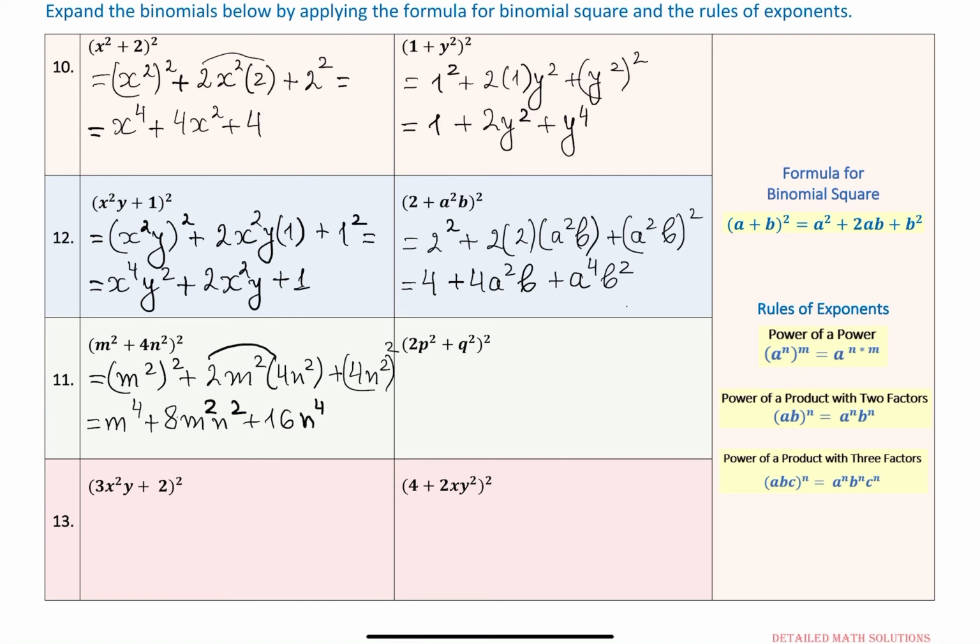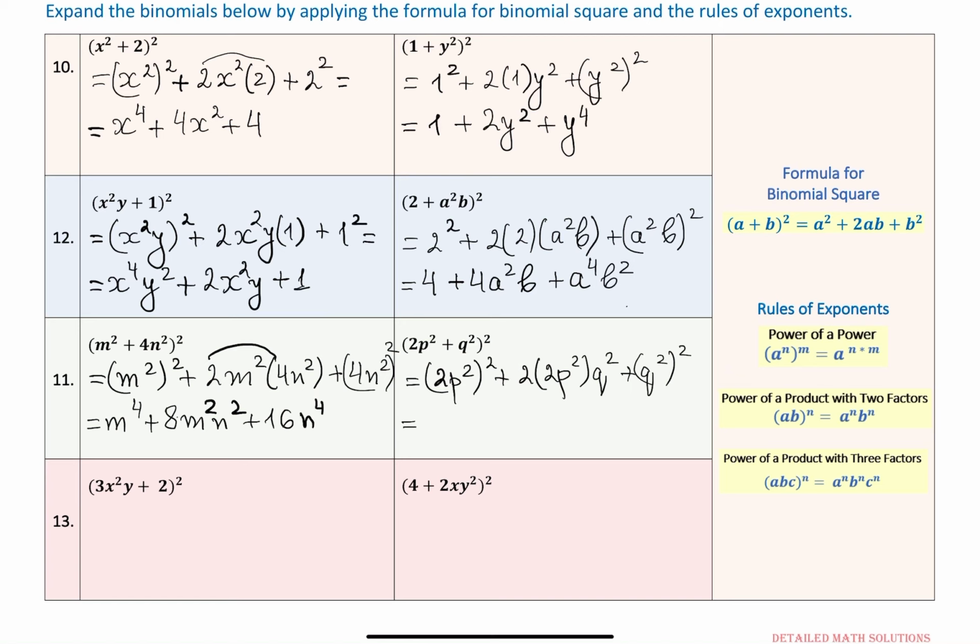Next exercise, (2p² + q²)². This equals (2p²)² + 2 times 2p² multiplied by q² + (q²)².